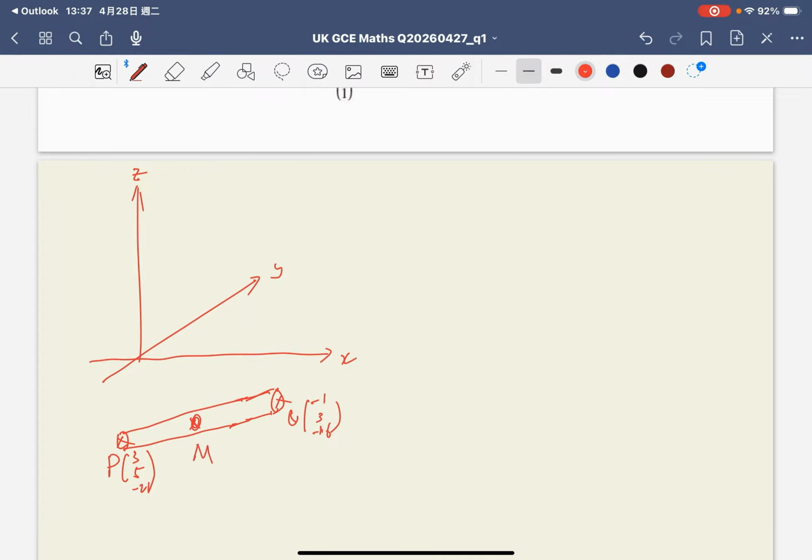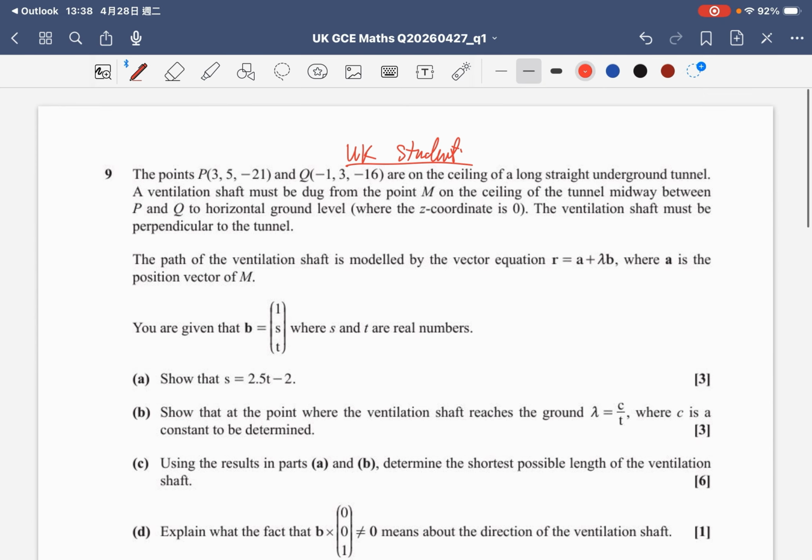I first calculate the midpoint M. M should be (1, 4, -18.5). Okay, that is the midway point on the ceiling of this tunnel, and there is a ventilation shaft like that. Let's look at the detail of this.